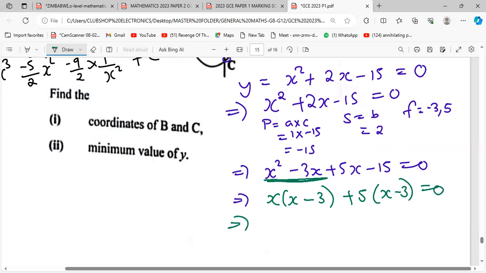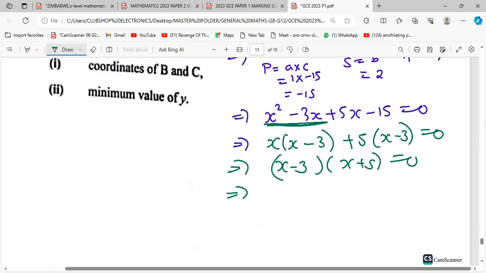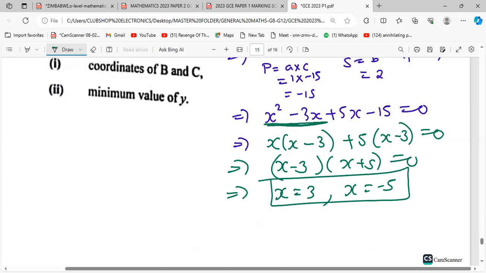If x minus 3 is equal to 0, it means x is 3. If x plus 5 is equal to 0, it means x is equal to -5. These are the two possible values of x.